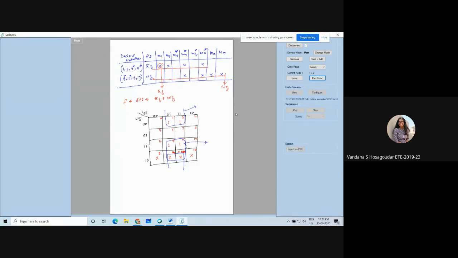WZ, ma'am. Which one is WZ? 13, 15, 9, 11 is WZ. 1, 3, 9, 11 is X bar Z.